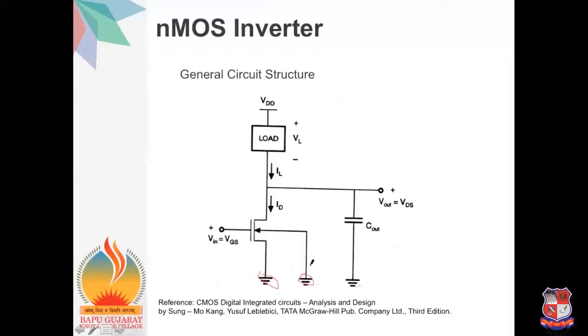So in the generalized representation, the load device is represented as a 2-terminal circuit element with the current IL and the terminal voltage VL. Here the current passing through this load is the load current IL, and the voltage across this load is VL.